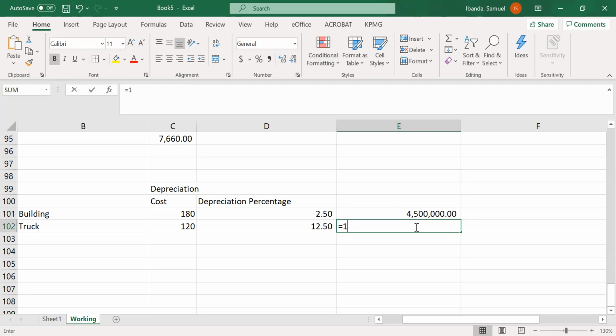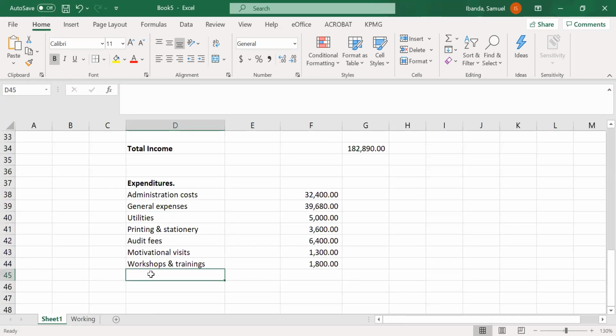Then this will be 12.5 over 100 times 120 million. I think I added more zeros. Let me check. Yes, this gives me 15 million. So this is 15,000 and 4,500.